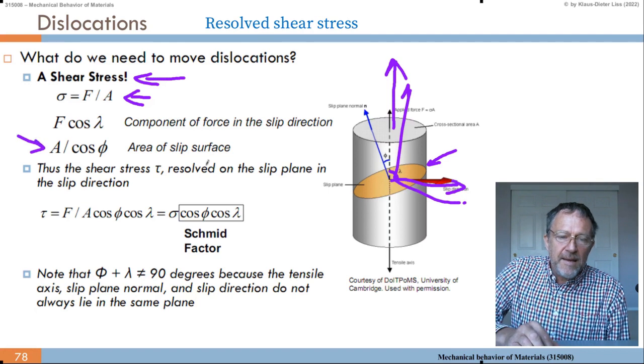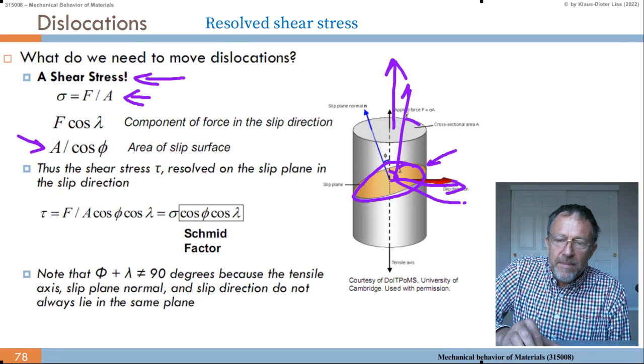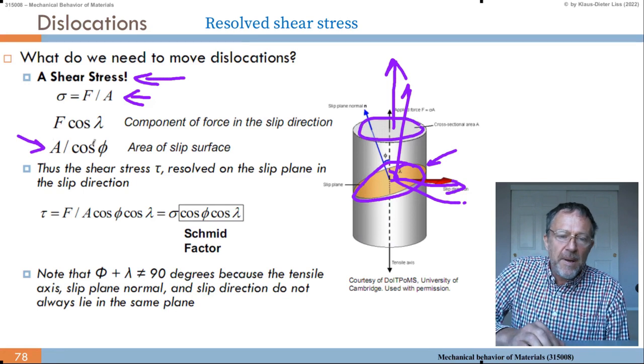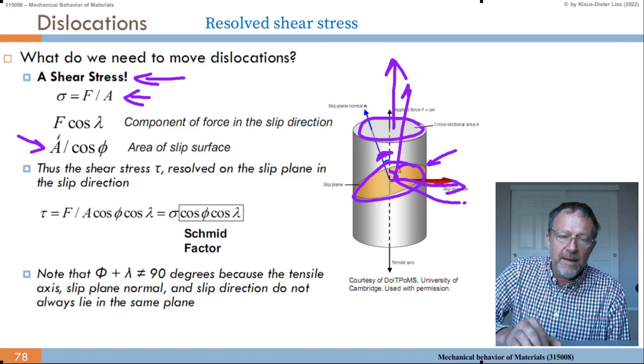And for the area, we also have to account that the area becomes larger when we incline it, and this scales with A0, or A here, divided by the cosine of the inclination angle of the plane, phi.